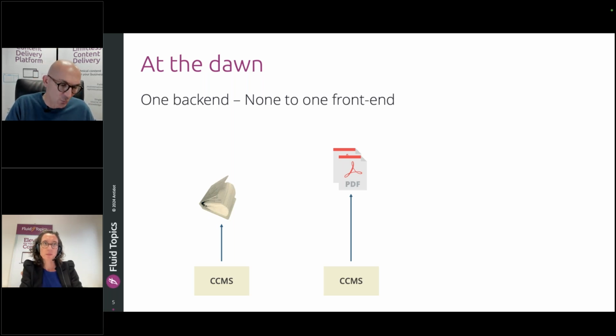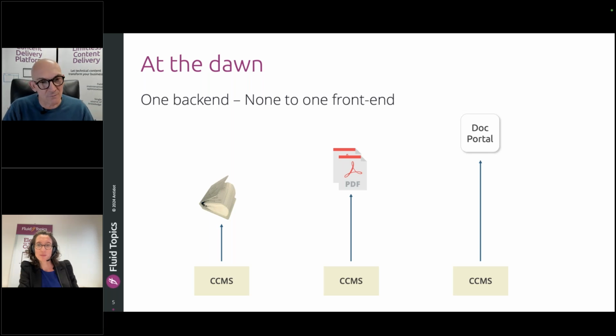But still, you had just one source of information that you were controlling and pressing a button, generating those PDFs, shipping that to customers as well, one way or the other. And then maybe at some point, instead of shipping that on USB keys or CD-ROMs, you started building a documentation portal. But again, that was pretty simple and straightforward because you had one source of information where everything was written, controlled, and then you can press a button, output some HTML, and put that on a website to build your doc portal. So life was simple.